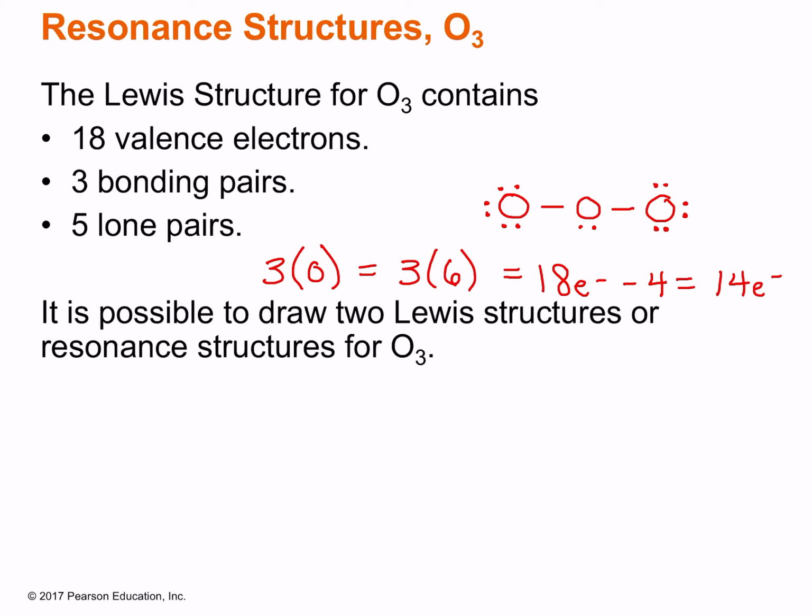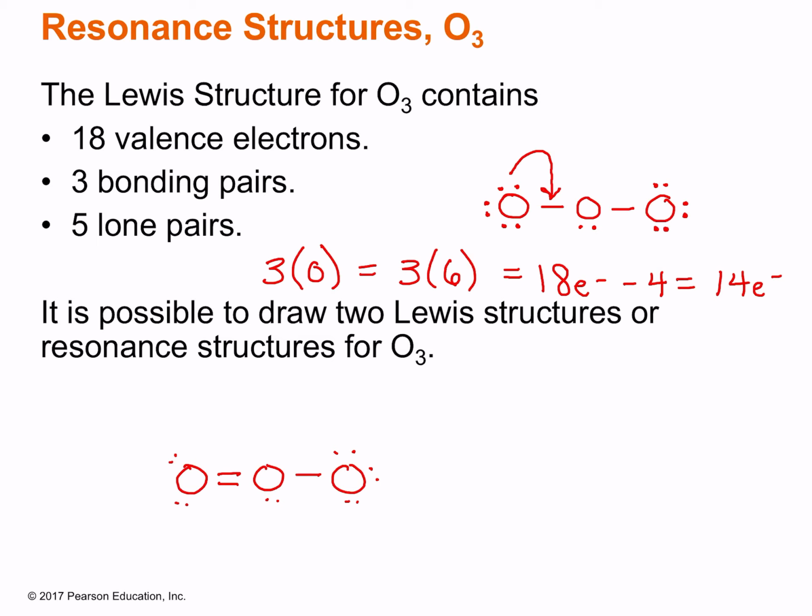So here's where you recognize that this has resonance structures, because it doesn't matter right now which oxygen I pick. This oxygen could donate its electrons, and we would draw this structure.